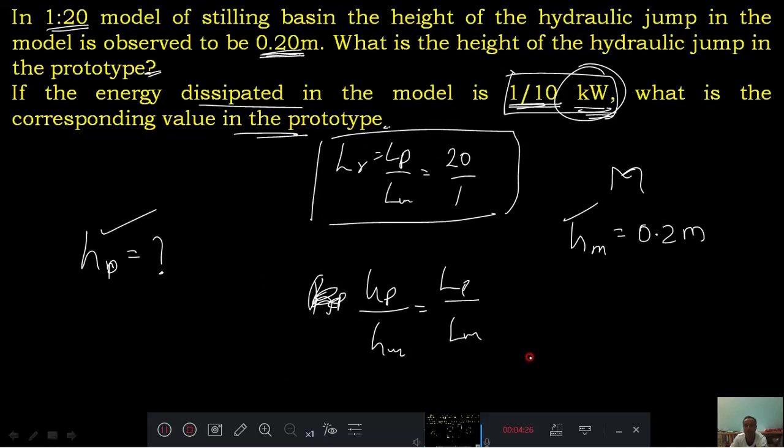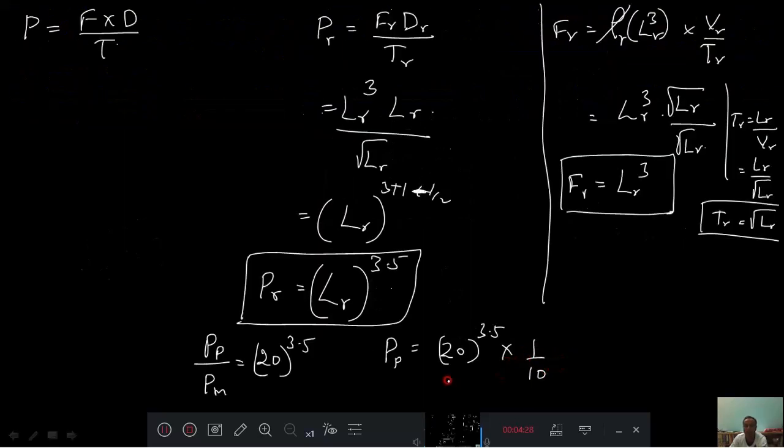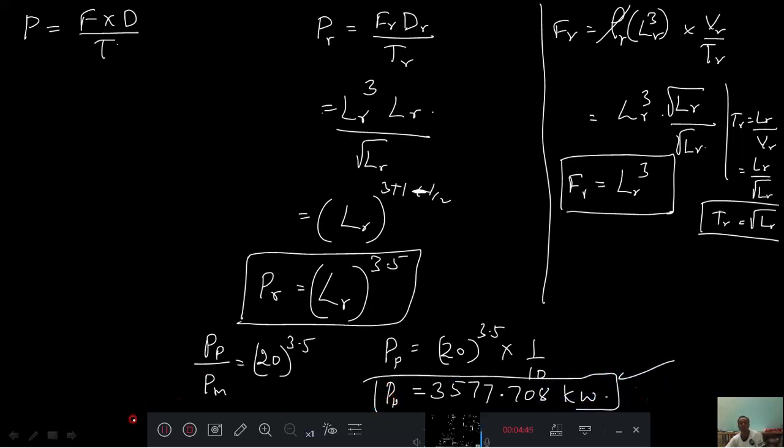Then you got 3577.708 kilowatt. This is your power in the prototype. Over. Okay, now we'll go to the next problem.